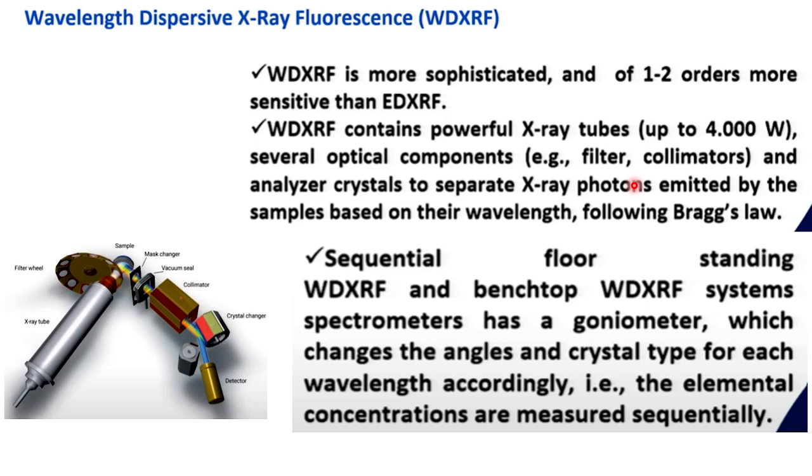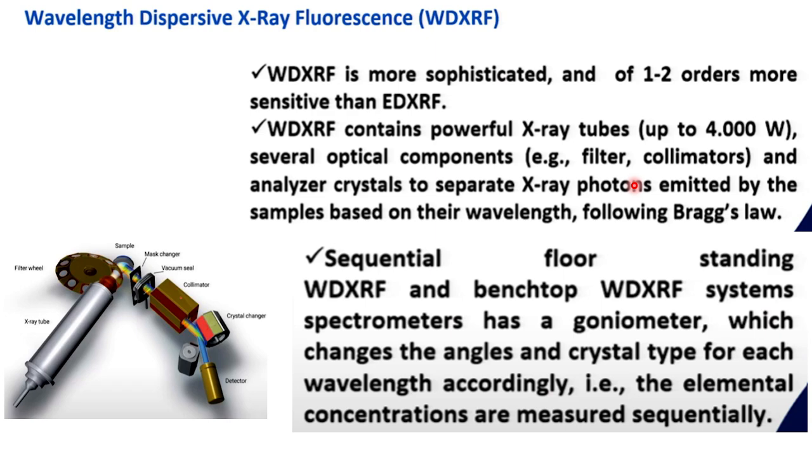Now, wavelength dispersive WDXRF is more sophisticated and one to two orders more sensitive than the energy dispersive X-ray, where it contains a powerful X-ray tube up to 4 watt, and several optical components, that is filter, collimators, and analyzer crystals to separate X-ray photons emitted by the sample based on their wavelength, and that also depends on Bragg's law.